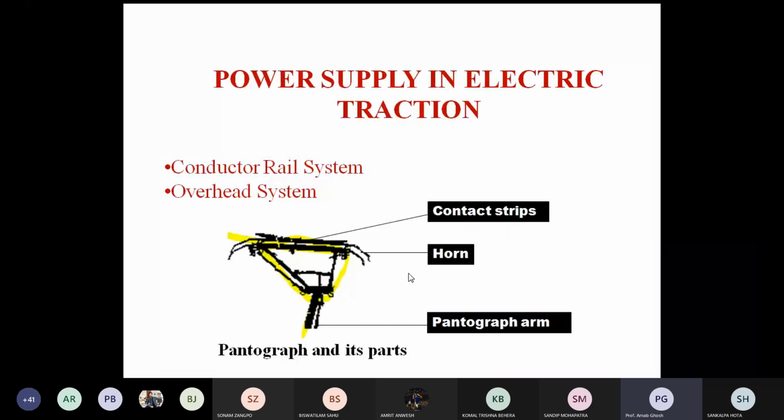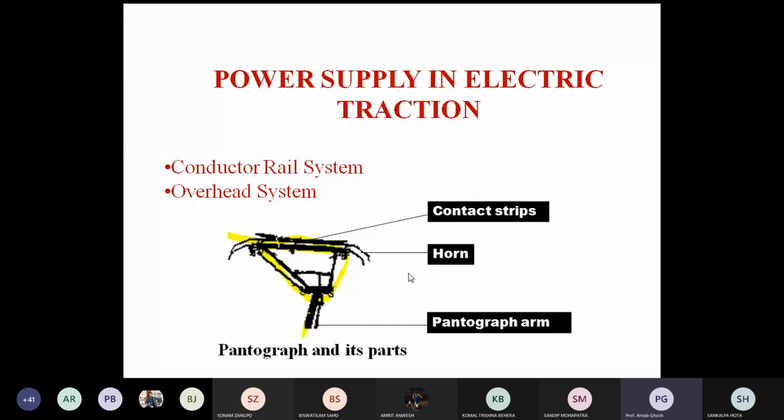You can check it anywhere, when you are waiting in the station. But normally in your place, Rourkela or other places, you cannot see the MEMU. MEMU you only see as passenger trains, and passenger trains definitely have the loco type of engine.